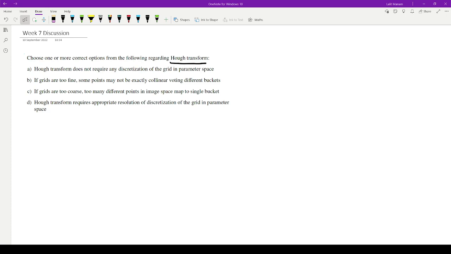What kind of models then, if you say model fitting? Any examples that were discussed in the lectures that you remember?